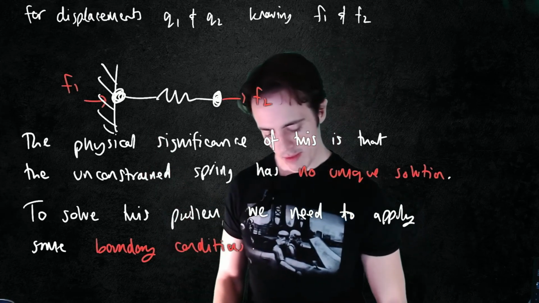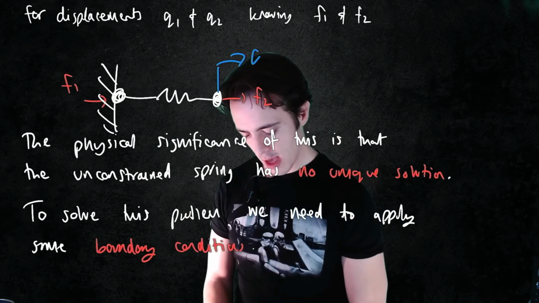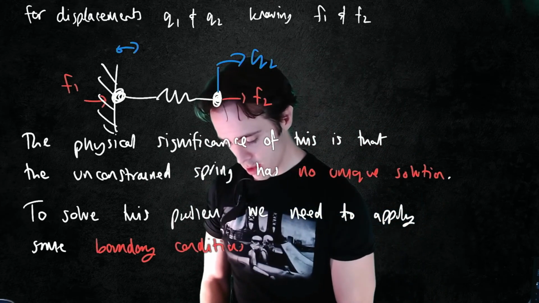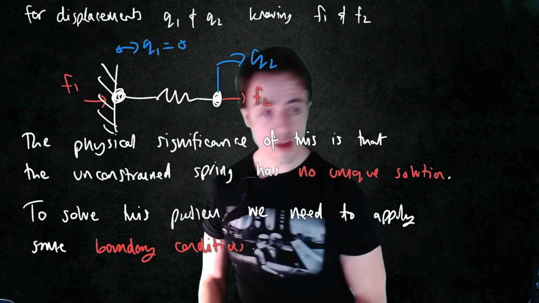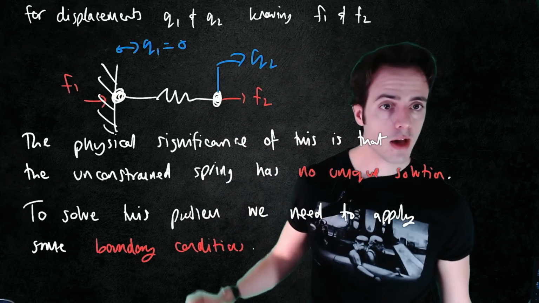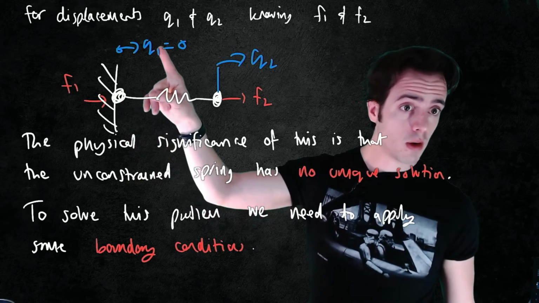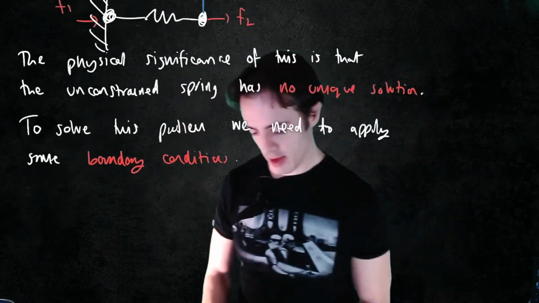What we've done then is we've said there is still a displacement Q2 that can be moved. Q1 has to be equal to 0. By building this side in, we still have F1, it's just the reaction force, but the displacement here has to be 0.